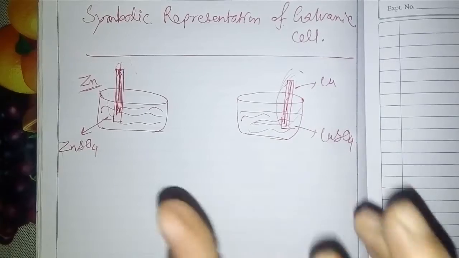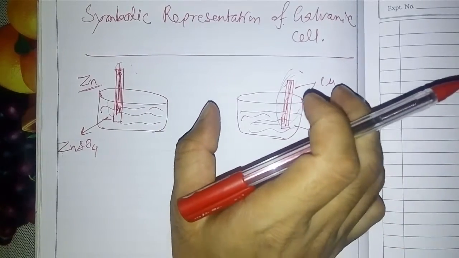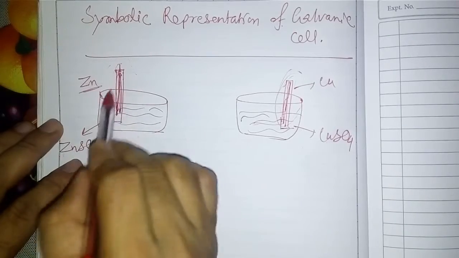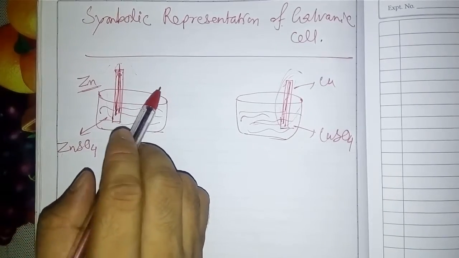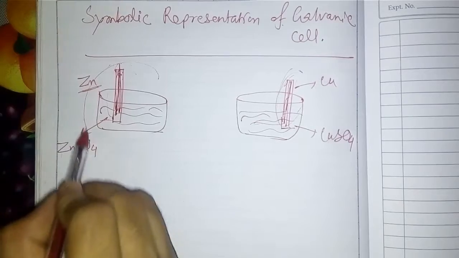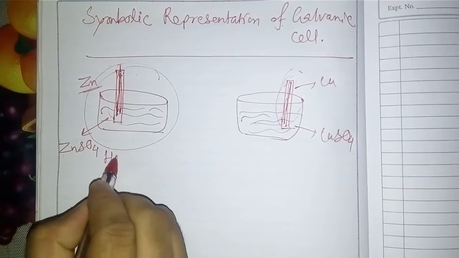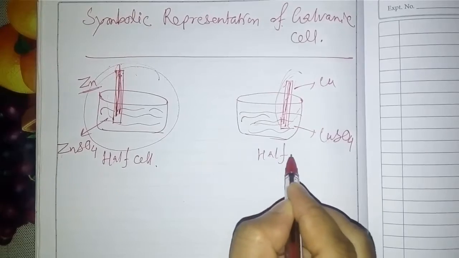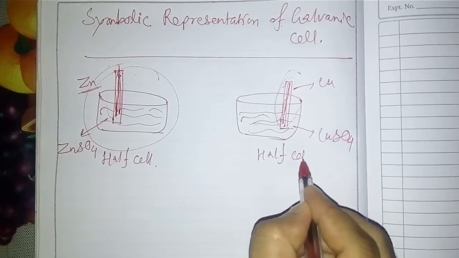Each electrode along with a solution of suitable electrolyte is called a half cell. This whole one is called a half cell, and this one is also a half cell.